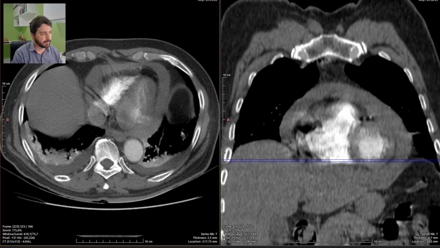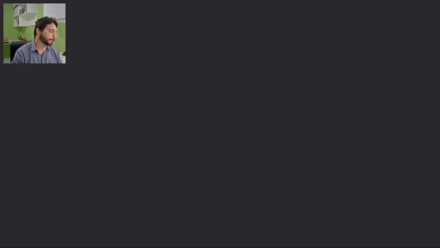Let's sign this off, clear cache, and report another abdominal CT scan. This is nice. So this is a 38-year-old female patient. Let me just hit download. This is a contrast enhanced abdominal scan.